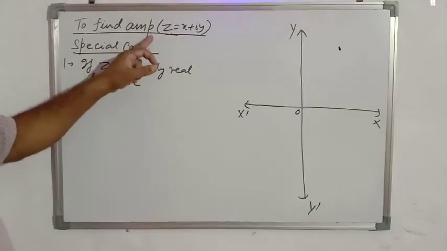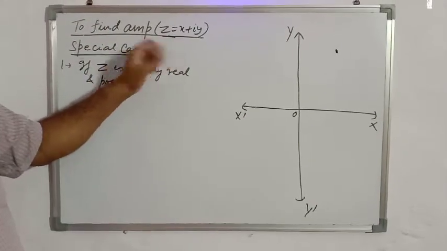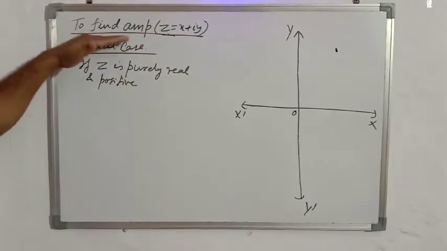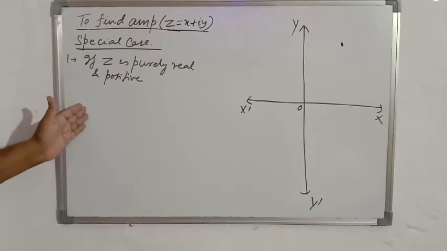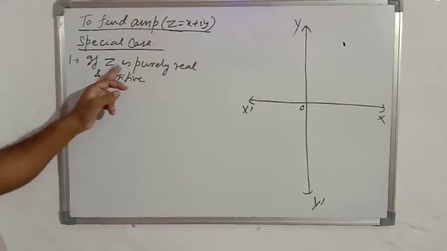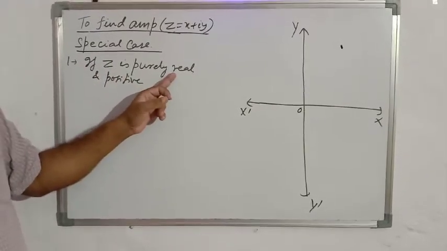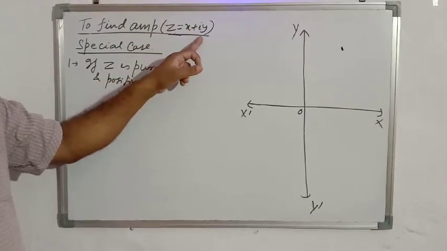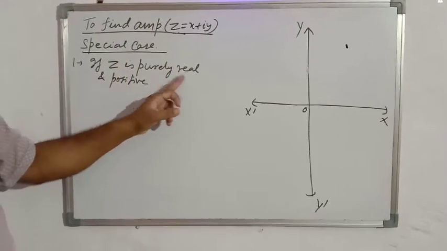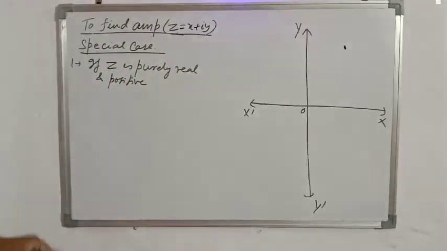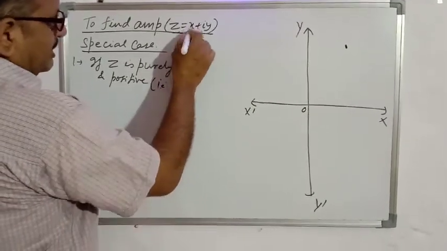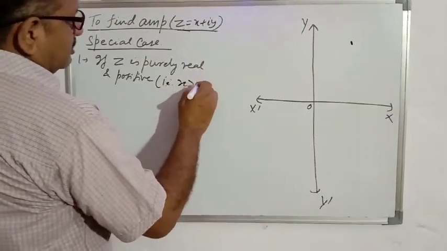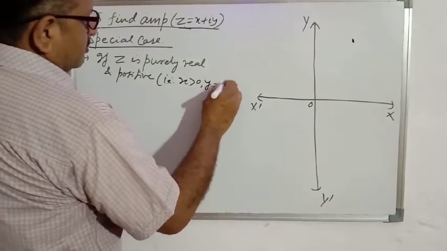To find the amplitude of a complex number, how can we find it? Here I am taking some special cases. First, if z is purely real, meaning imaginary part y is 0, and z is positive, meaning real part x is greater than 0 and y is equal to 0.